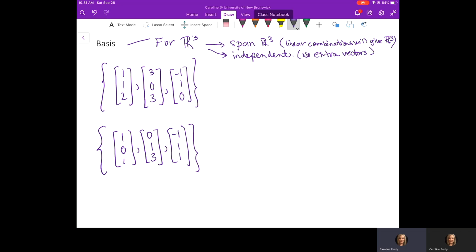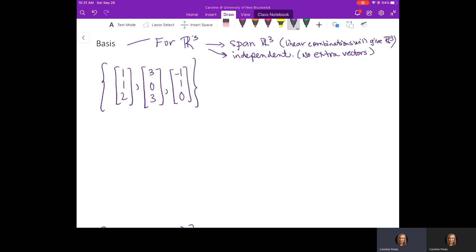Okay, so I've got two examples here. Let's look at the first one. The idea would be that you would first set them up as an augmented matrix for the homogeneous system. That means we put them into a matrix, and the homogeneous system means we put zeros on the other end, and then we reduce.